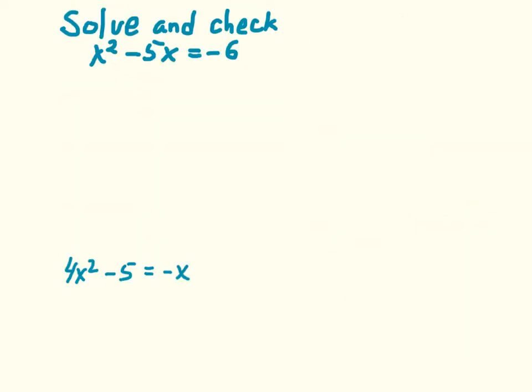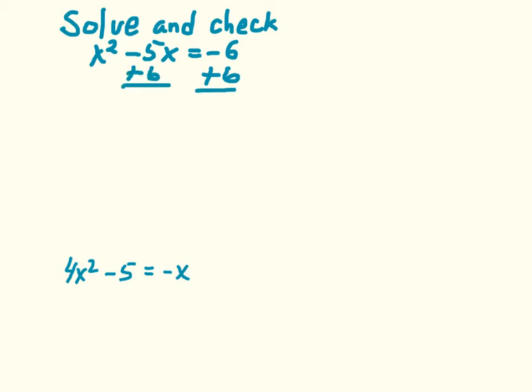Okay, so next we're going to solve x squared minus 5x equals negative 6. So what I first want to do with this one is get the 6 on the other side. So I'm going to add 6 there.